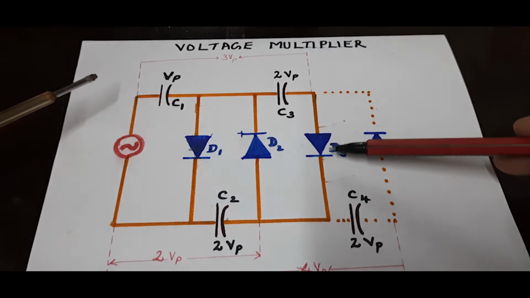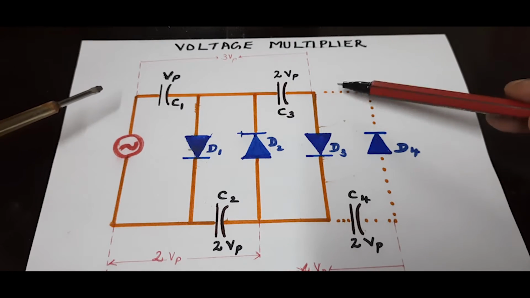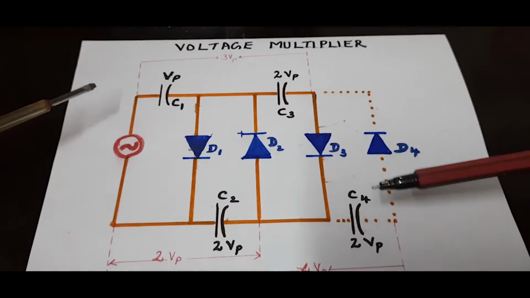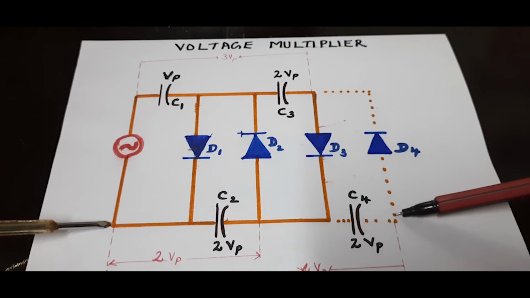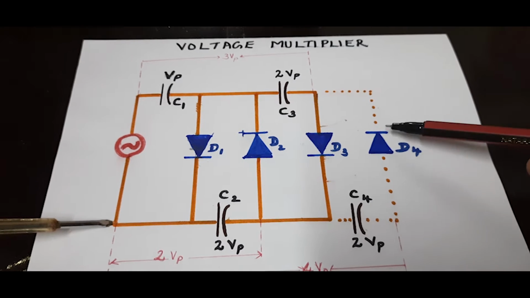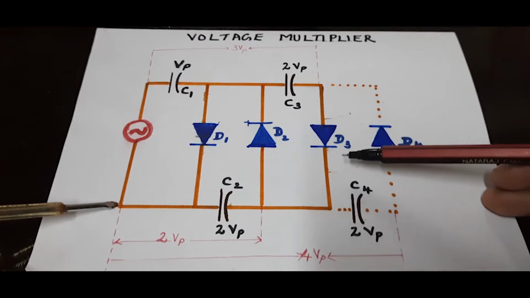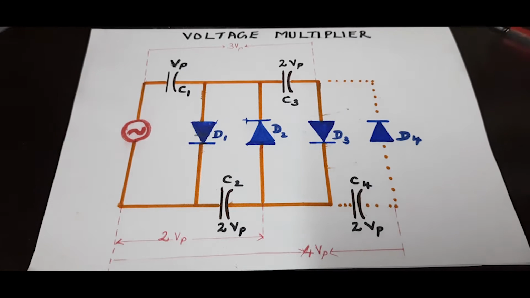And if you go on extending the circuit as the dotted line shows, then across these points it would be 4 Vp and so on. So this is the concept of voltage multiplier. Though the circuit will appear to be a bit complicated, I'll help you to draw it in a very simple manner.